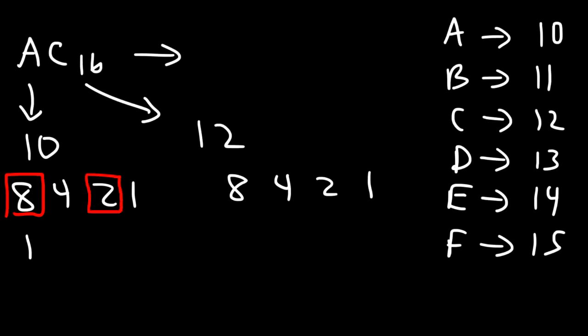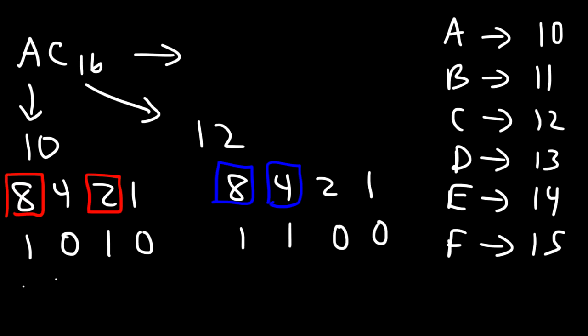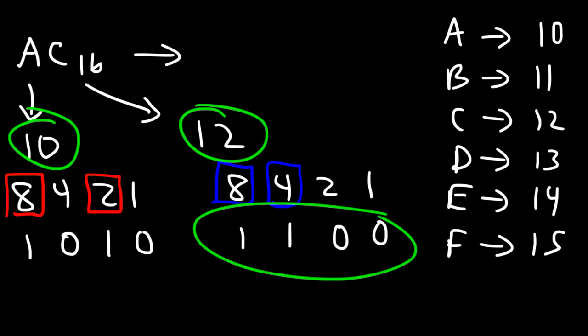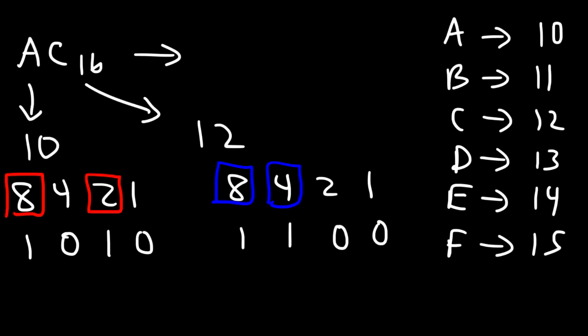So we're going to replace 8 and 2 with a 1, and the numbers that we didn't use, we're going to replace with 0. 12 is basically 8 plus 4. So let's replace those two numbers with a 1, and 2 and 1, let's replace it with a 0. So 10 is equivalent to the binary number 1010, and 12 can be represented as 1100 in the binary system.